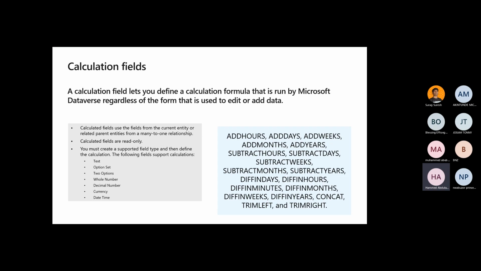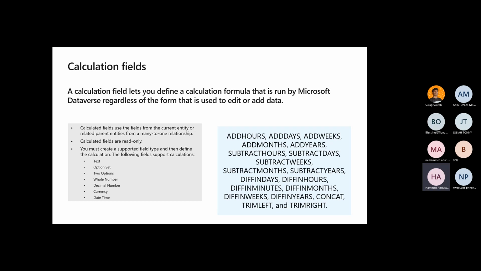We also have the calculated fields, right? The calculated fields are defined like formulas to enable you to calculate or run the Dataverse regardless of the form that's being used.